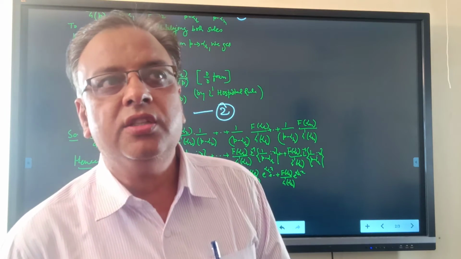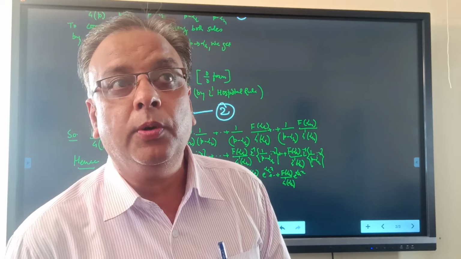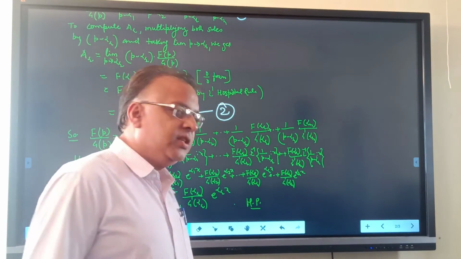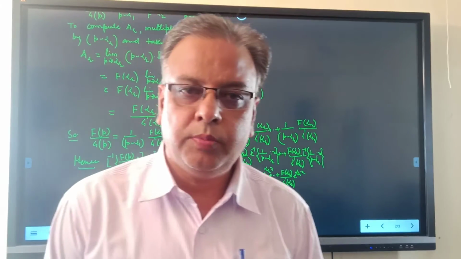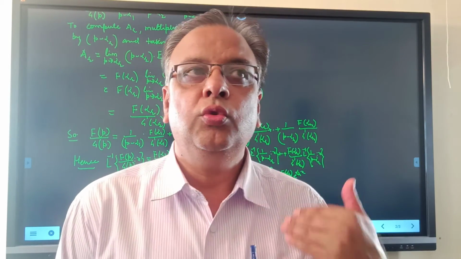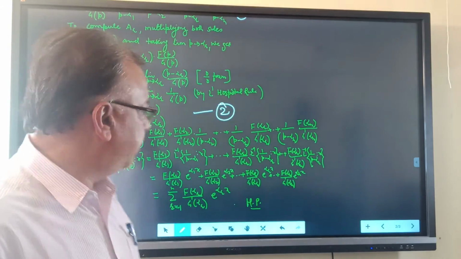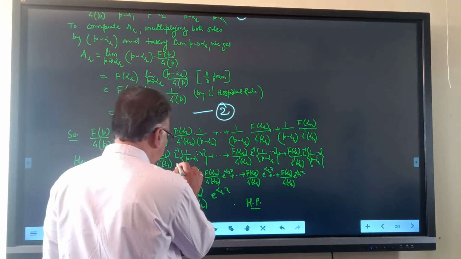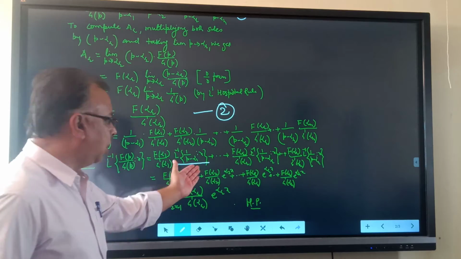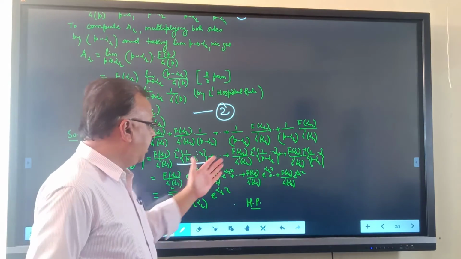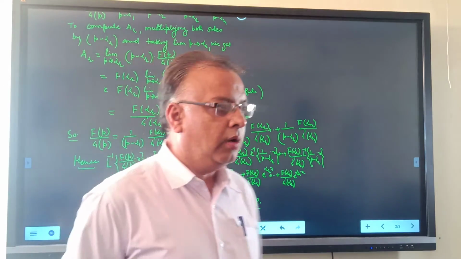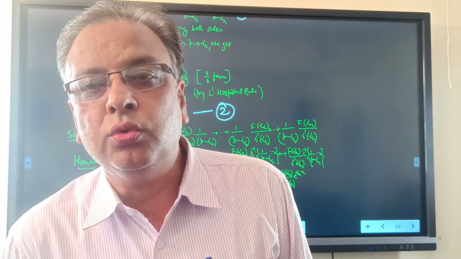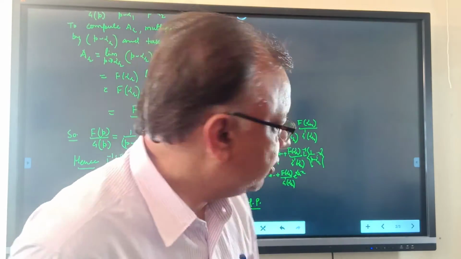We know that the inverse Laplace transformation of 1 upon p minus a is the function e raised to a x. So the inverse Laplace transformation of 1 upon p minus alpha 1 is e raised to alpha 1 x, and similarly the inverse Laplace transformation of 1 upon p minus alpha r can be written as e raised to alpha r x.